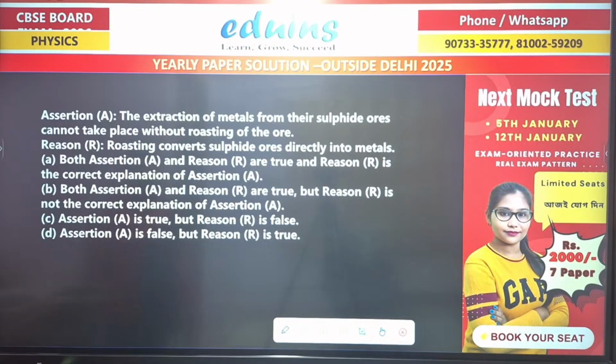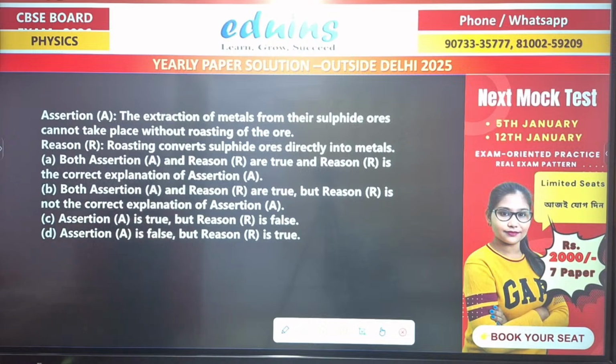And option D is assertion is false, but reason is true. So, what will be the answer? What do you think, students? What will be the right answer? Option C. Okay, very good, Divya.